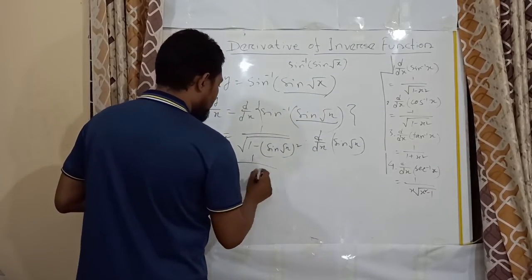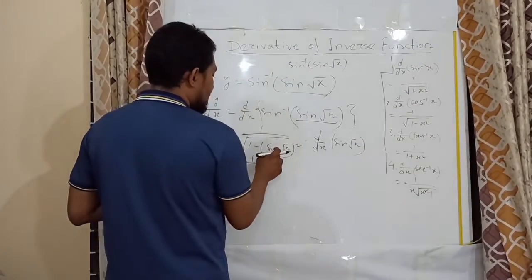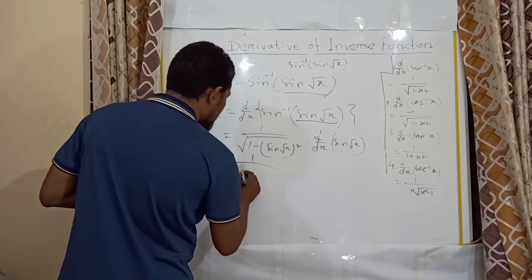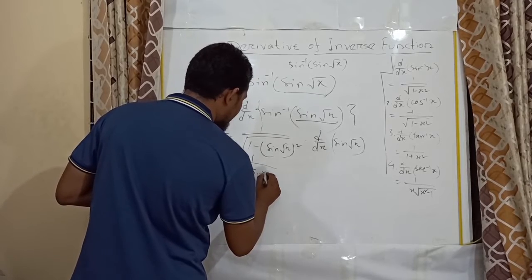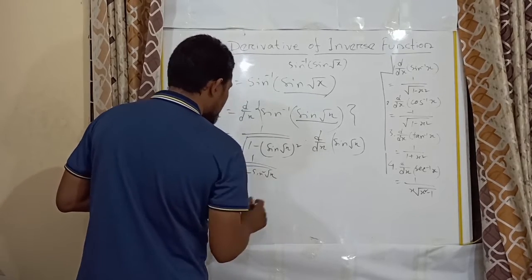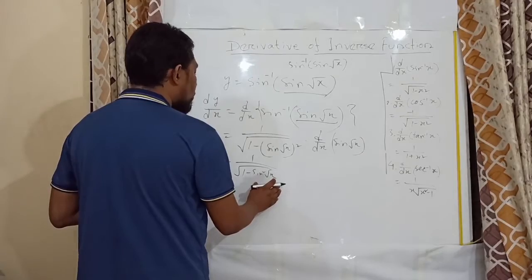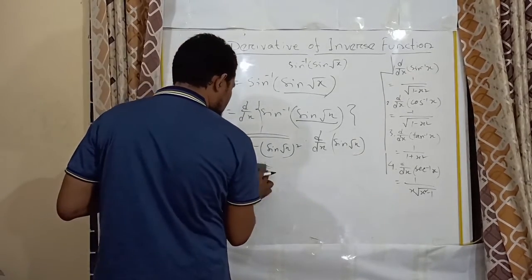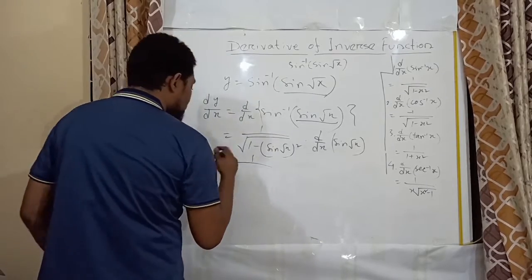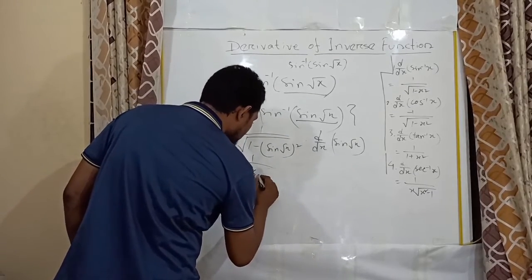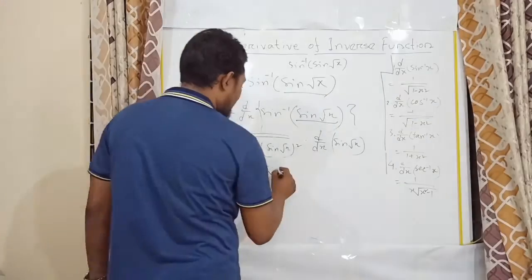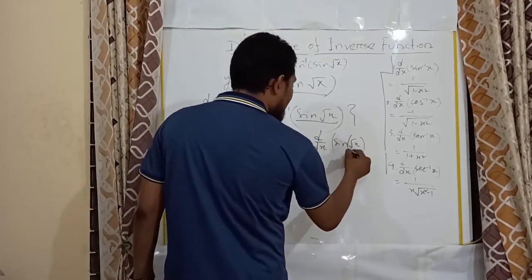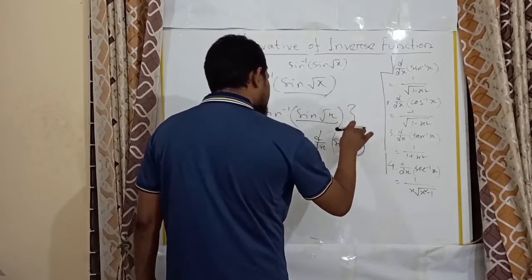So 1 minus sine square root x. So 1 minus sine square something equal to cos square. So we will write here cos square, and root, so it will be cos root x, and d/dx of sine root x equal to cos root x. But it is not x, so we have to differentiate again.